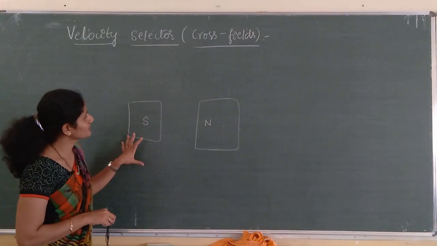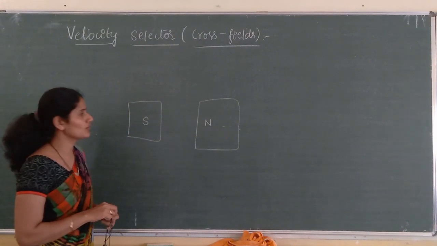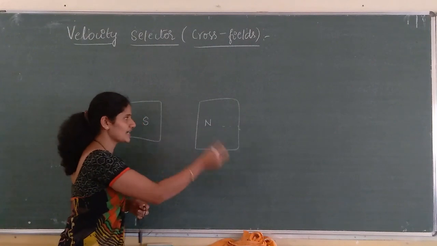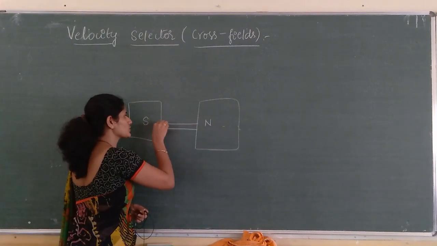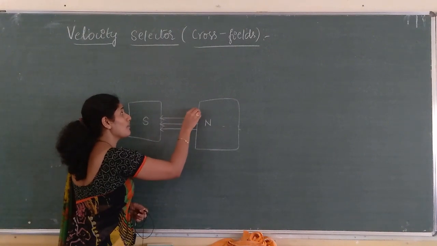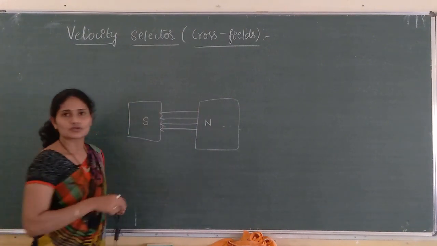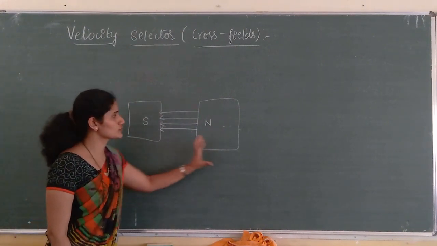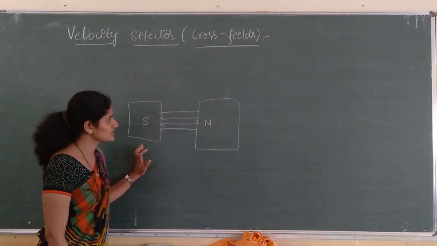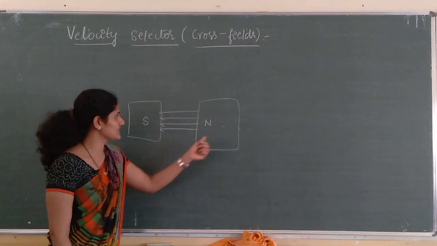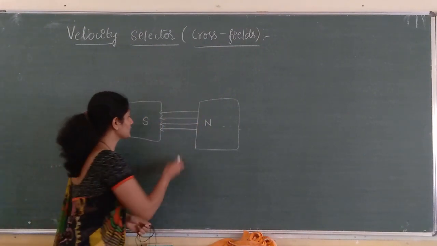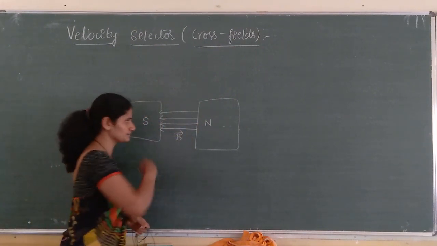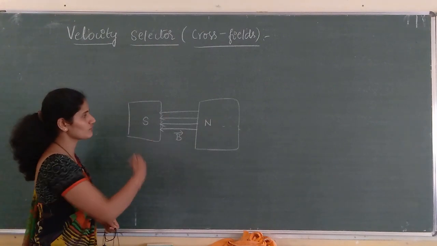The magnetic field lines are always directed from north pole to south pole. So we have placed two strong pole pieces of magnet, and the magnetic field lines are like this, from north to south. Magnetic field is denoted by the symbol B, and this is its direction.